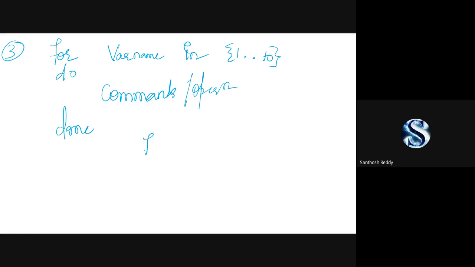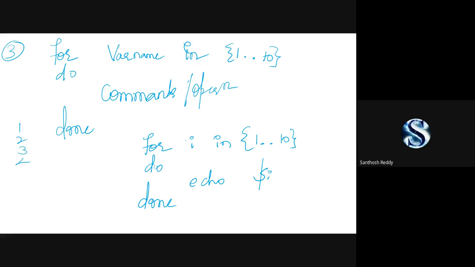Same as usual: for I in open your flower parenthesis 1 dot dot 10 close your parenthesis, do echo $I and done. That's it. You're going to get 1, 2, 3, 4, 5, 6, 7, 8, 9, and 10. This is the output we are going to get.